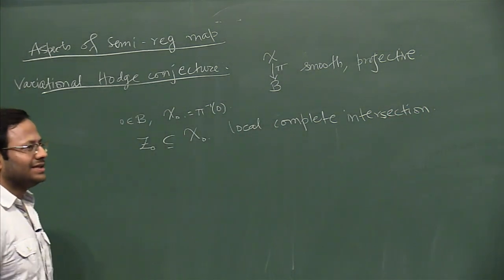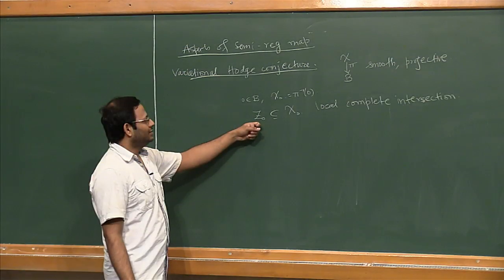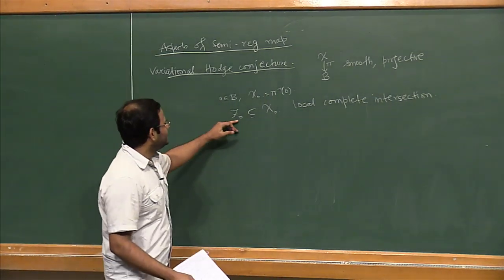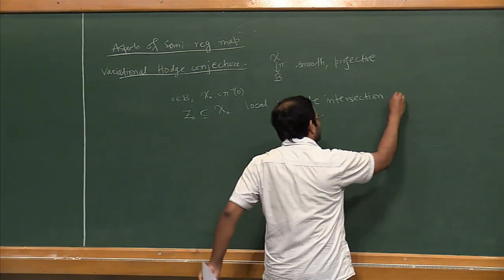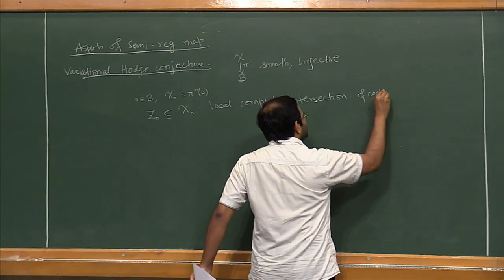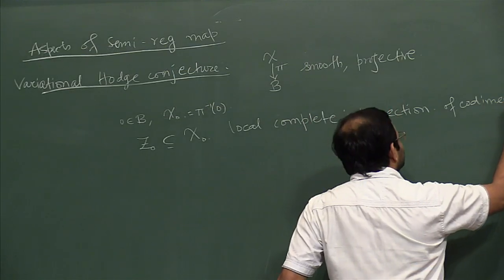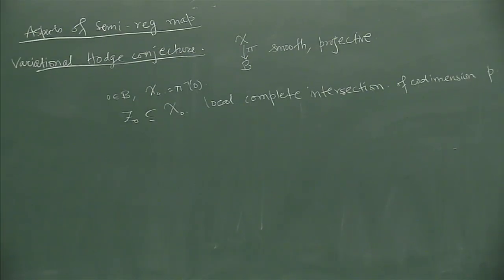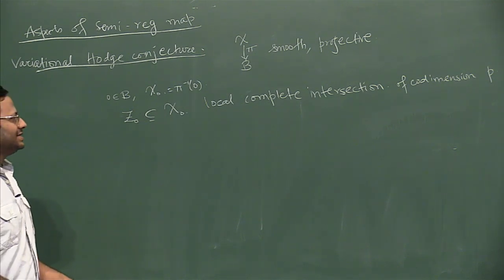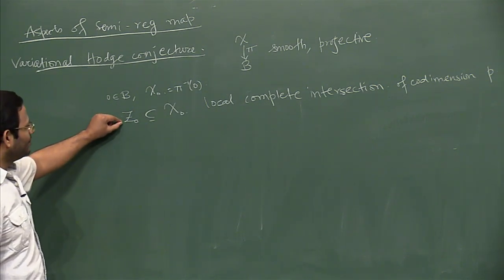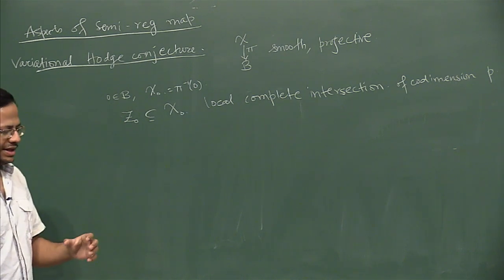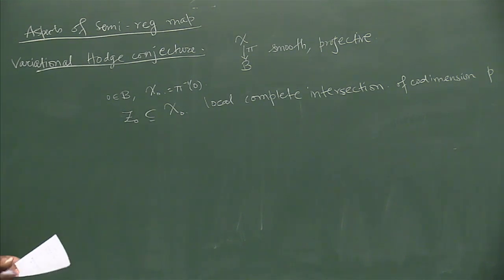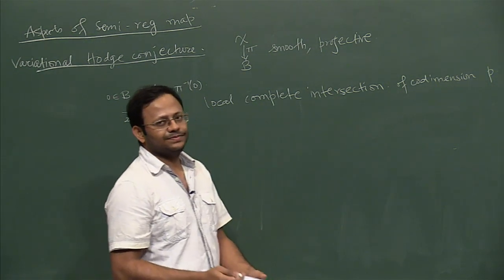What this means is that for every point on Z0, you can find an open neighborhood such that Z0, let us say of codimension p, is defined by exactly p equations.